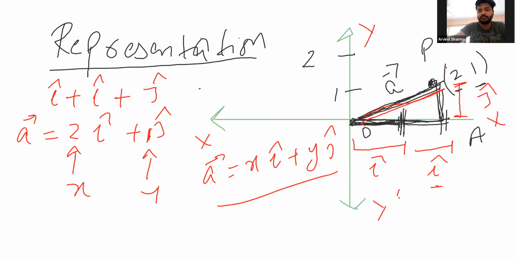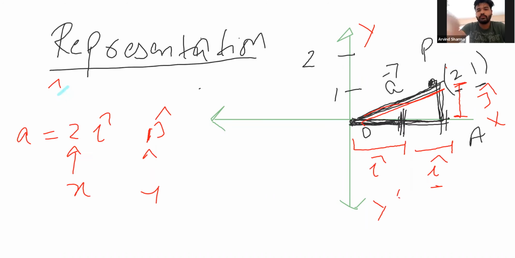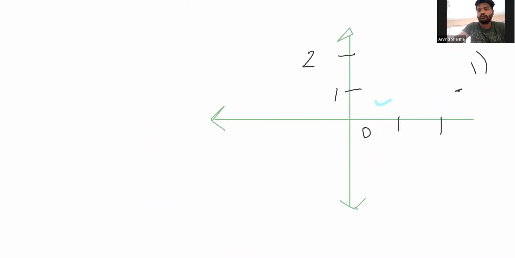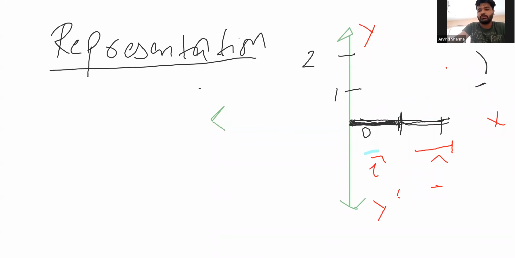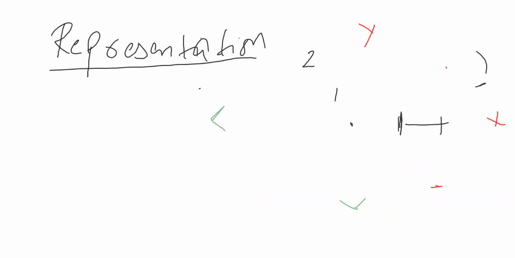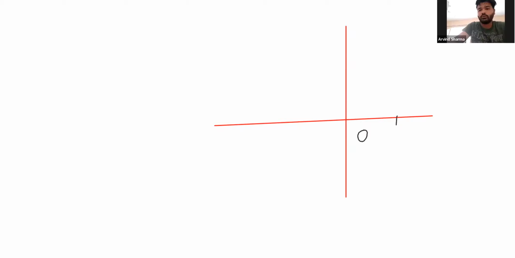Now, for example, if a point is given to you here as 2, 2, now represent it as a vector.